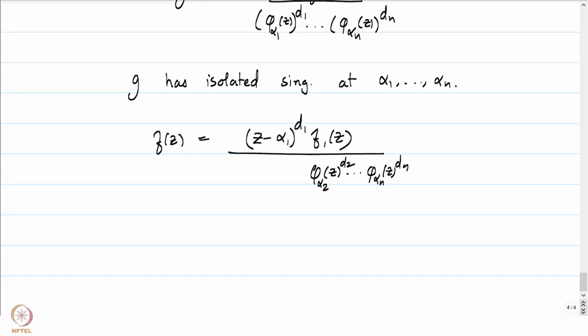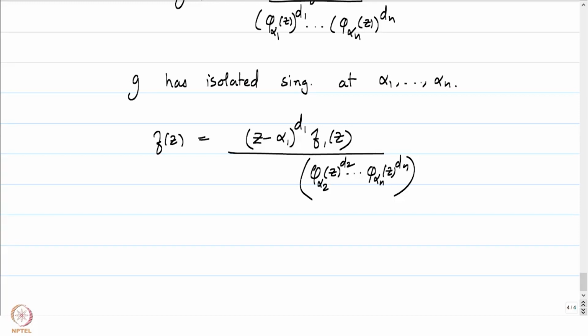Alpha 1, alpha 2, alpha n are distinct roots. So this is going to be a function which is holomorphic in a neighborhood of alpha 1 and which does not vanish, and therefore 1 by whatever is in the bracket is going to be a holomorphic function.